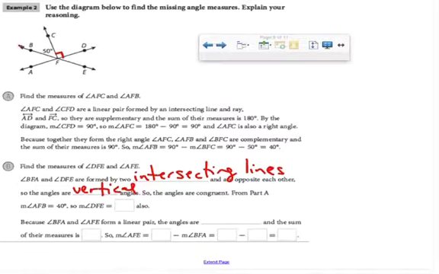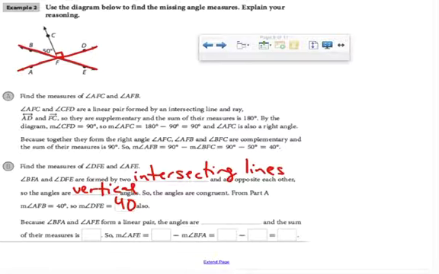Once again, if I were to highlight these two angles, you'd see that it looks like an X. That means they're formed by two intersecting lines. So I know that the angles are congruent. From part A, I know that AFB is 40 degrees, so that means that angle DFE is also 40 degrees.